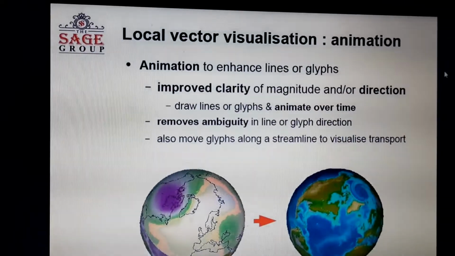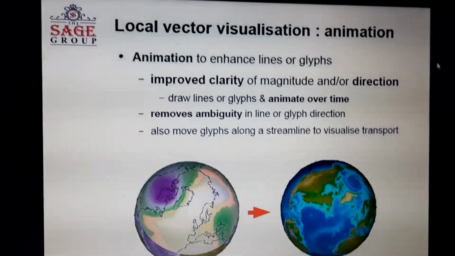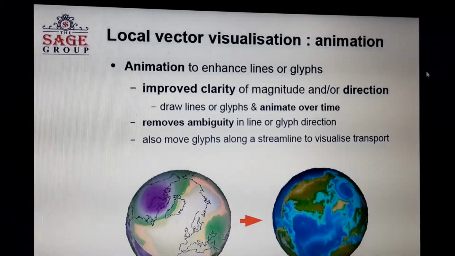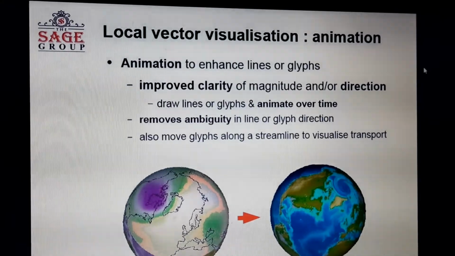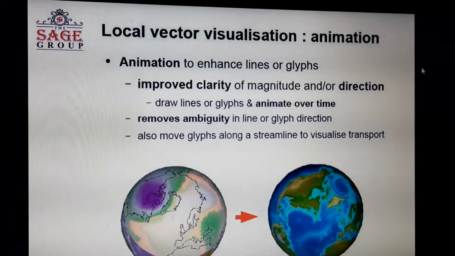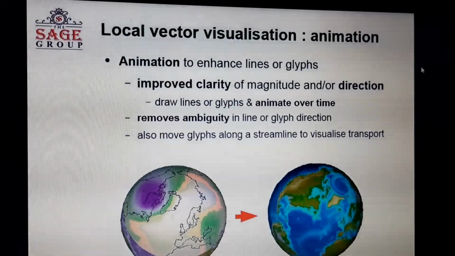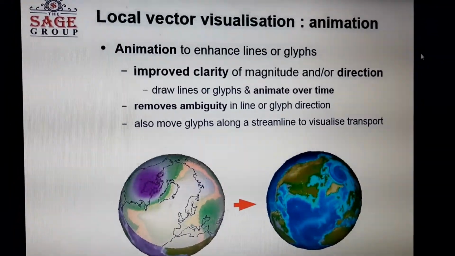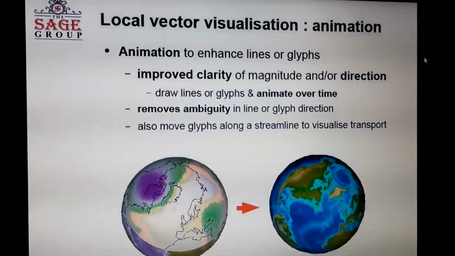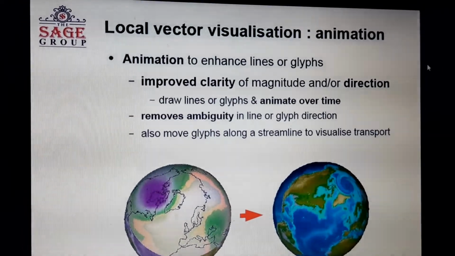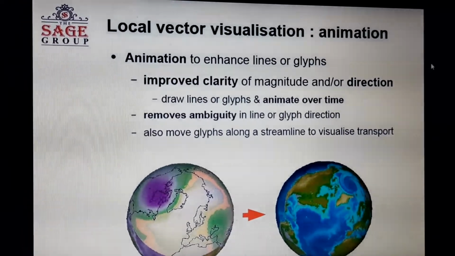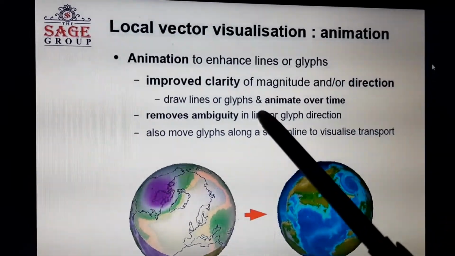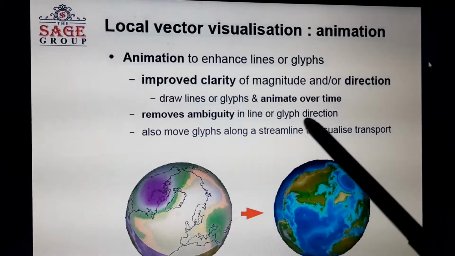The next method is animation. Everyone is aware of animation. It is used to enhance the lines and glyphs, improving the clarity of magnitude and direction. With the help of animation, we can easily describe or visualize vector data and the movement of scalar data. It draws the lines or glyphs and animates them over time.